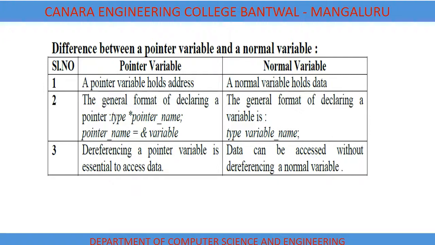So whatever I store in a pointer variable, it will try to refer to or point to that particular address. Whereas a variable will be idle; it will not point, nor try to search for a given address.